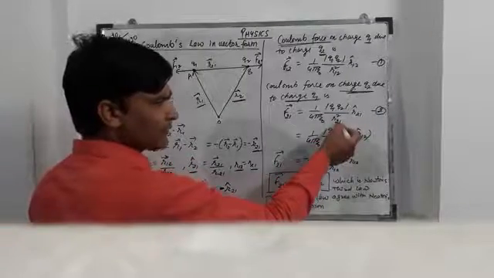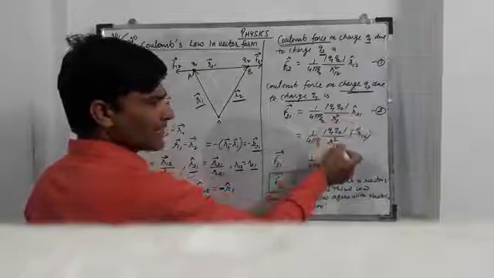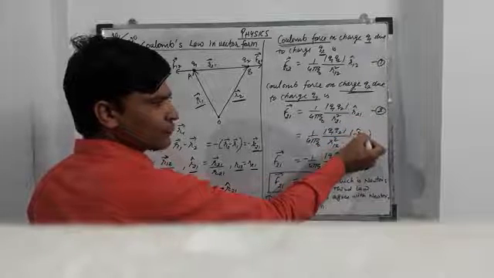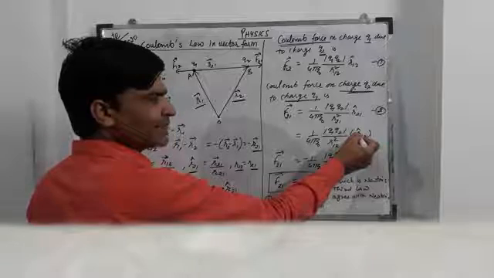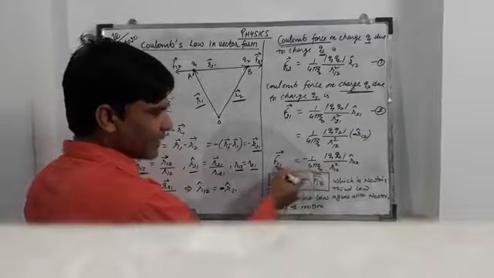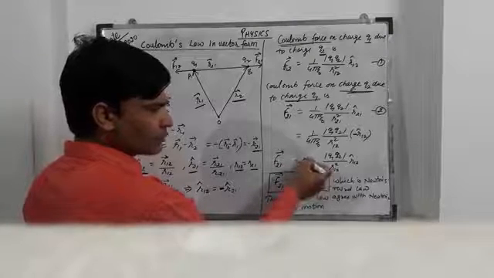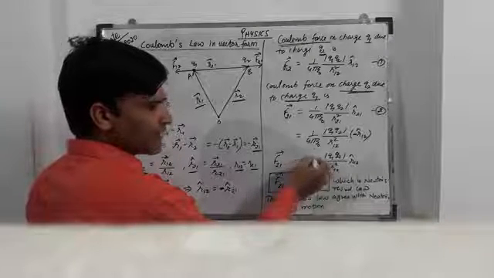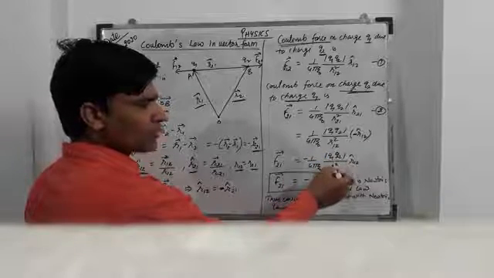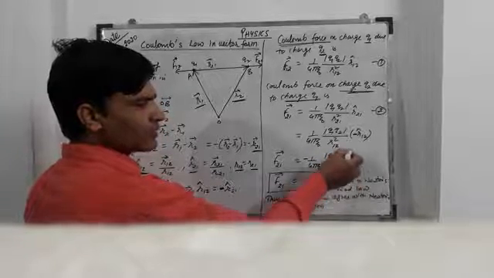If we replace R21 by R12, then we take the negative sign in vector form. Then F21 is equal to minus 1 upon 4 pi epsilon naught Q1 Q2 upon R12 square, R12 unit vector.